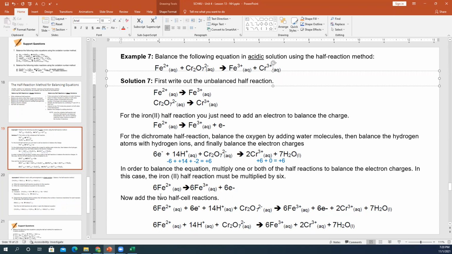Now if we add these two half reactions, if we combine them together, these 6 electrons can cancel each other out, and we are left with this as our final balanced redox reaction in an acidic solution using the half reaction method.